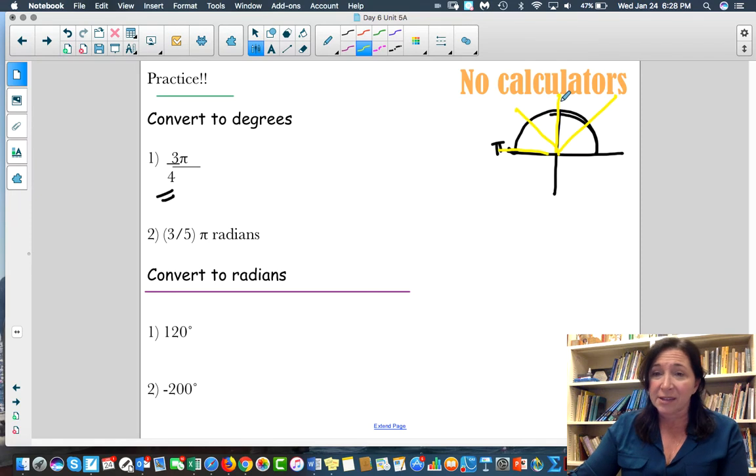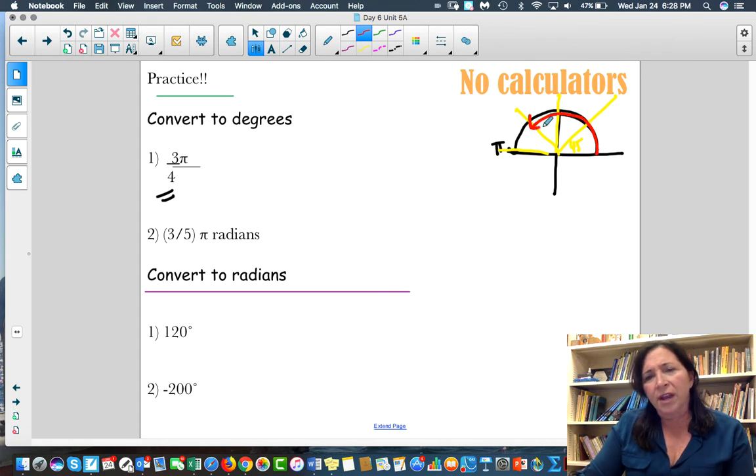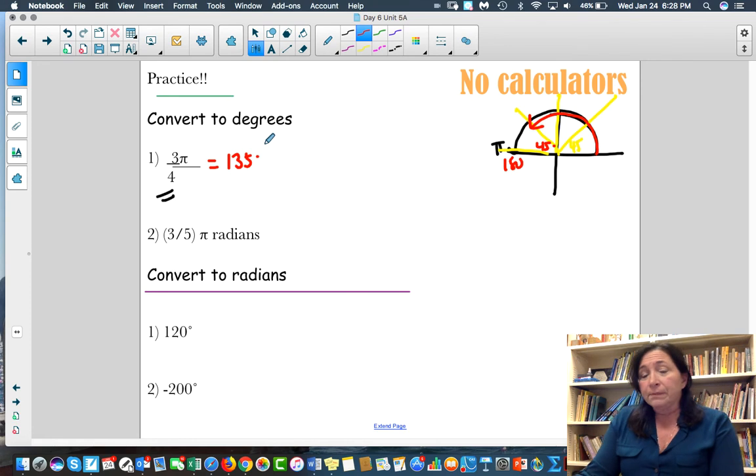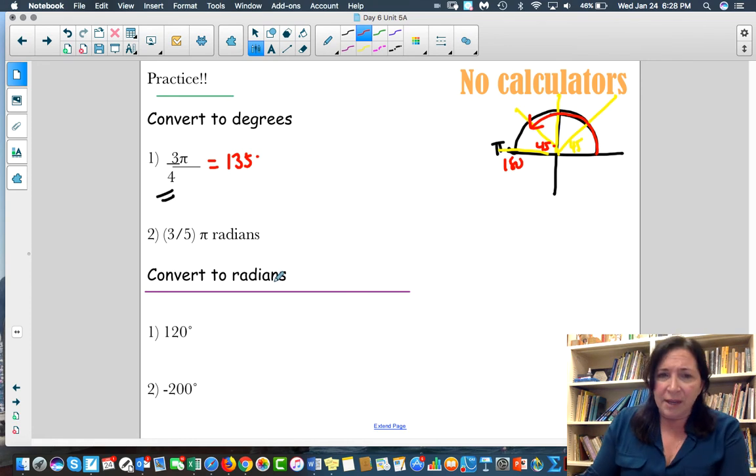So basically, this being 90, this has to be 45 degrees, right? Anything that's a fourth is 45 degrees. If I'm going 3/4 of the way over, that means I'm 45 degrees short. So 180 degrees minus 45 is 135. Therefore, this is 135 degrees. Now, you don't have to think of it like that.